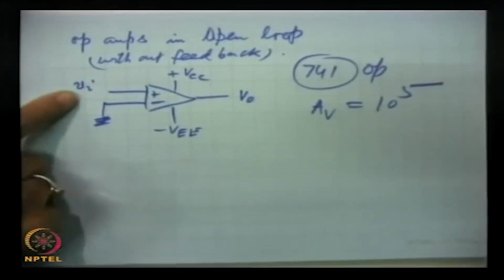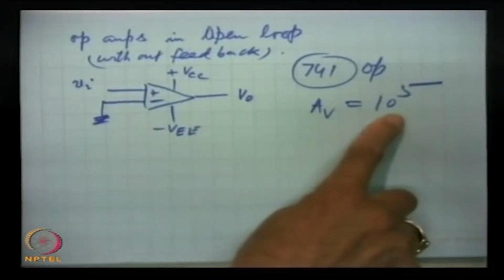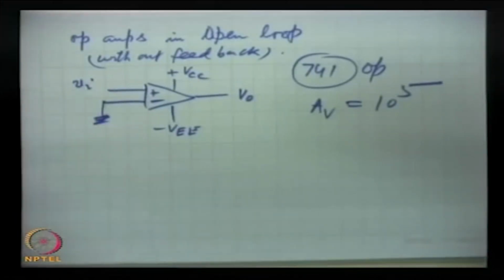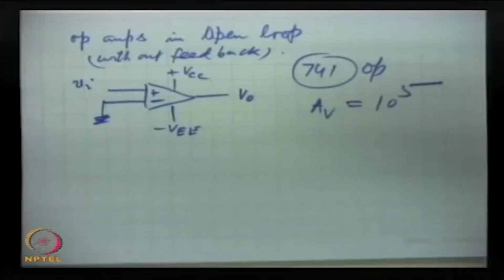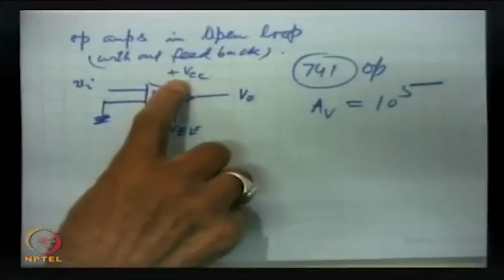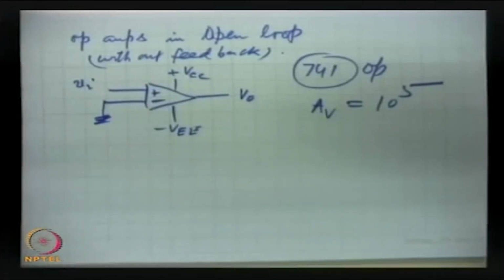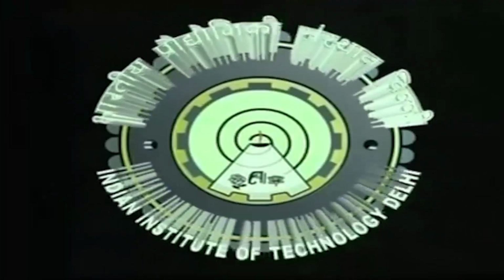So, this voltage will be multiplied by this quantity at the output. No matter how small this voltage is, even if it is 0.1 millivolt, it will become 100 volts at the output, but 100 volts is impossible. The voltage will saturate at either plus VCC or minus VEE. By saturation we mean that the output will not vary with the input. We will talk about these points next time.